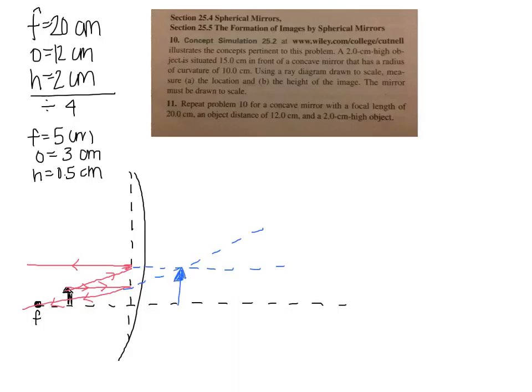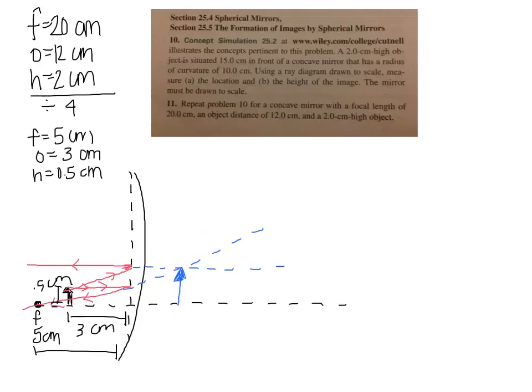So, because you were so precise in measuring out the focal length of 5 centimeters and the object distance of 3 centimeters and the object height of 0.5 centimeters, everything that comes up on this side should be to scale.